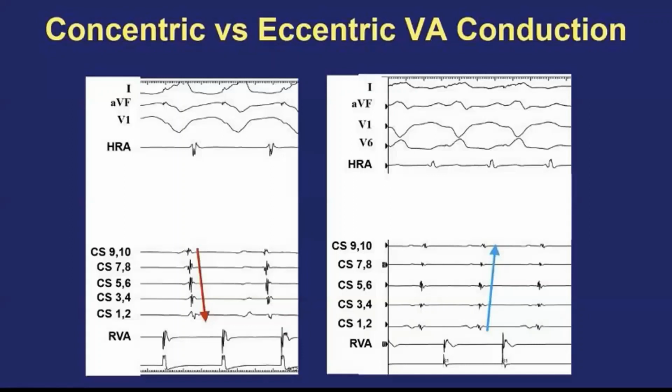If the conduction, as you see here, from the V, the first atrial activity after the ventricle, if you look here, you will find that 1, 2 is the first atrial activity, and then 3, 4, 5, 6, 7, 8, 9, 10.